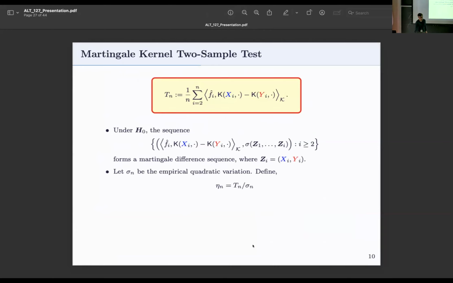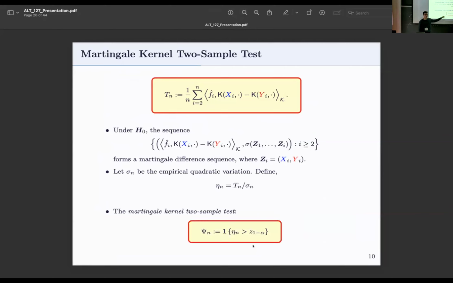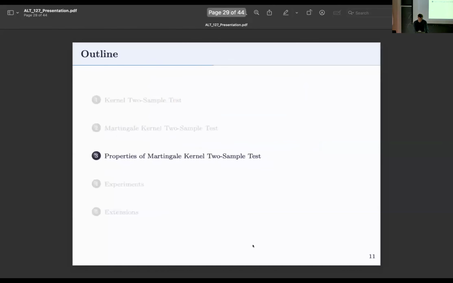It turns out that this eta_n converges to a Gaussian distribution, which means that if we want to build a test based on eta_n, it suffices to reject the null if our test statistic is above the 1 minus alpha quantile of a standard Gaussian distribution. And that's going to be our test.